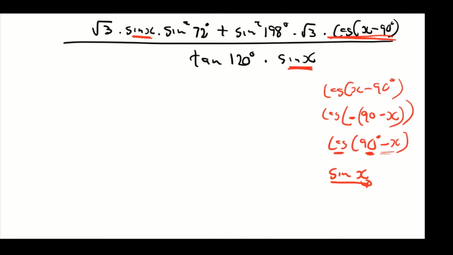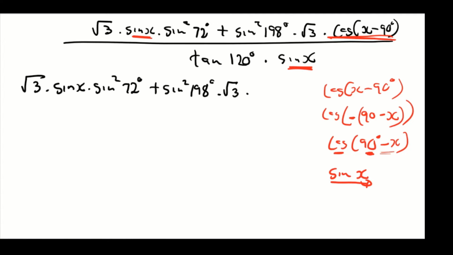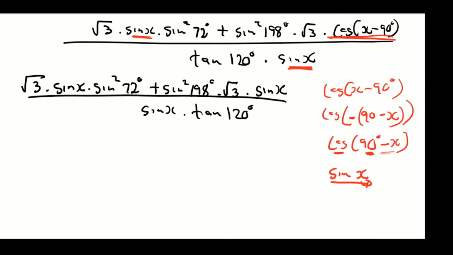So now if we replace it with sine of x, we're just going to say root of 3 multiplied by sine of x multiplied by sine squared of 72 degrees plus sine squared of 198 degrees multiplied by root of 3 multiplied by sine of x, right? Divide by sine of x multiplied by tan of 120 degrees. So let's factorize this sine of x and eliminate it from this expression.